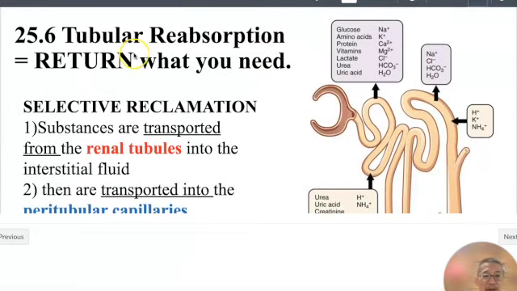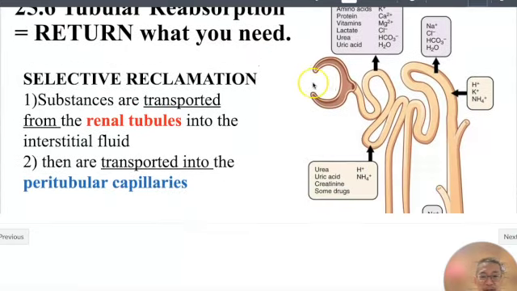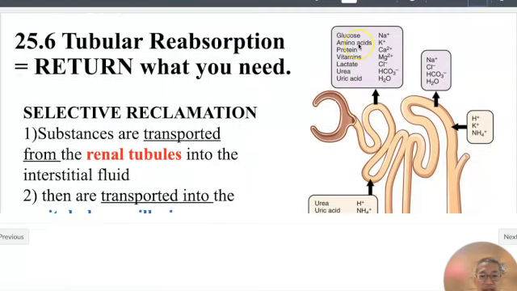Tubular reabsorption: again, everything goes in here. This is the proximal convoluted tubule. Things are absorbed, like glucose, amino acids, protein, vitamins, so everything's reabsorbed.